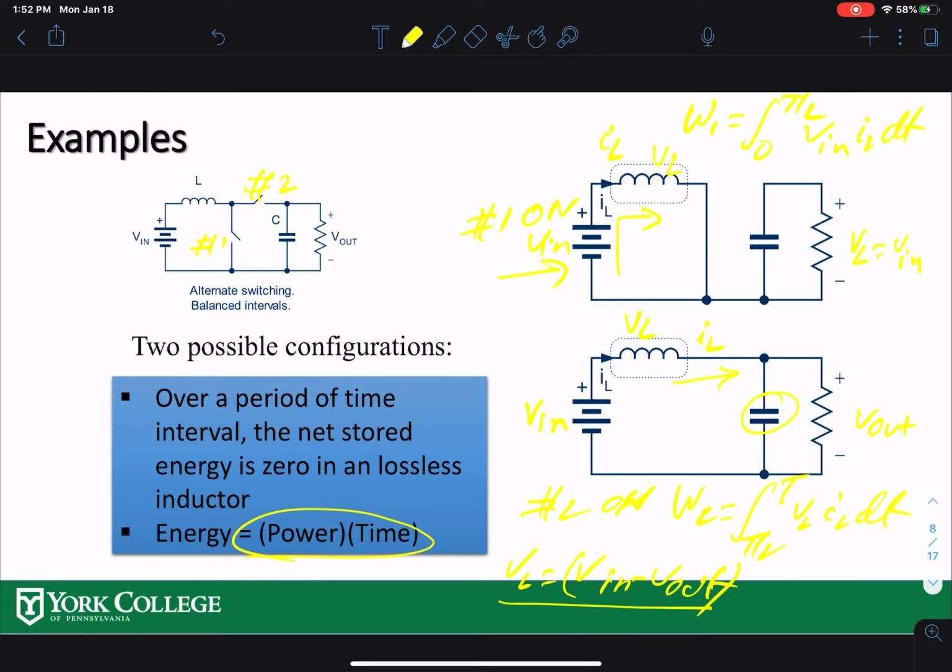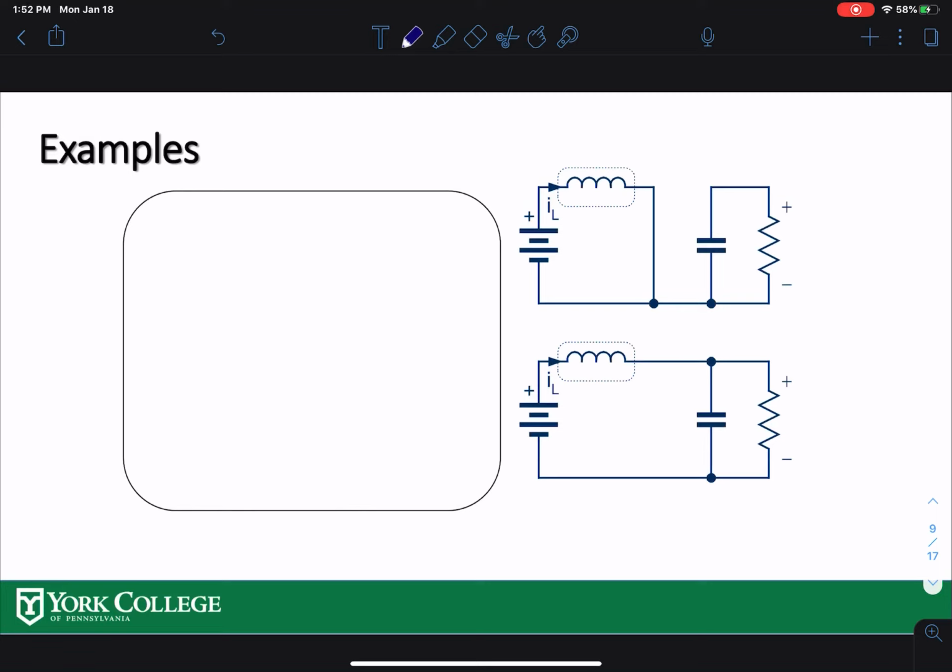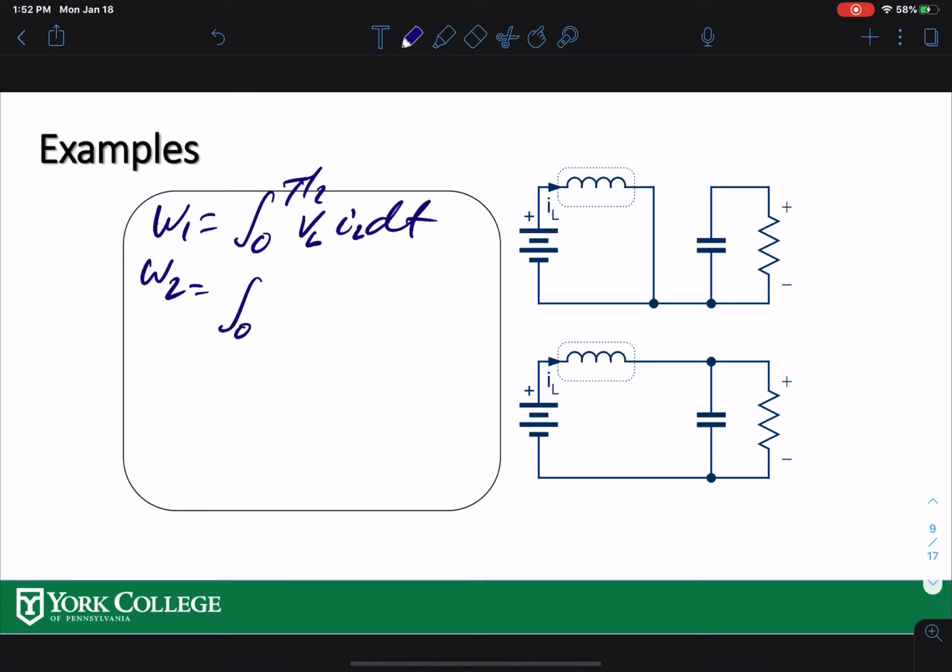Now we can put this together in the equation. Over the period, if I add these two, it should be 0 because over the period of time, the inductor should not have any energy stored in it. So W1 is the integral from 0 to T over 2 of VL IL dt, and W2 is the integral from T over 2 to T, where VL is V in minus V out, times IL dt.